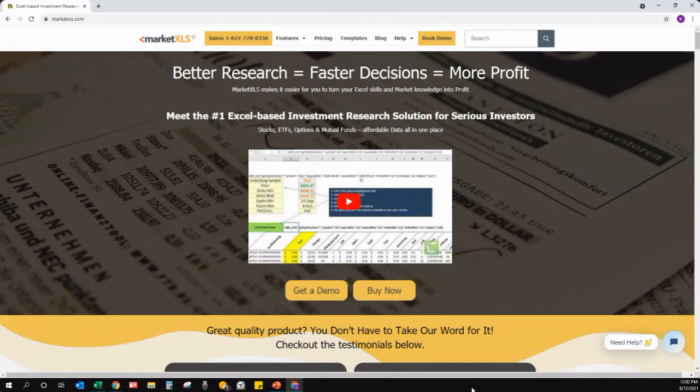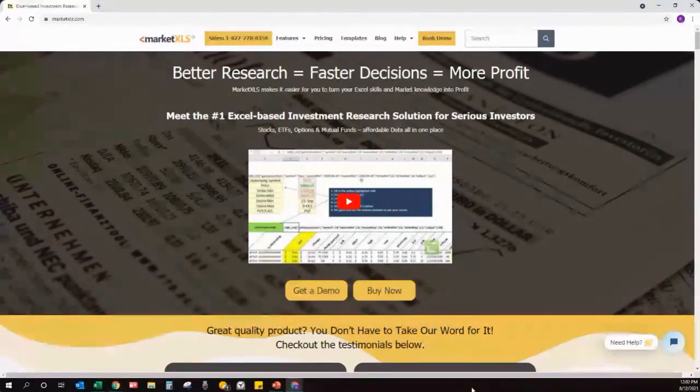This is one of our first series. Over this period of 5 years, we have worked with MarketXLS to improve the product, and over this period of time, many of you have come and asked us how other people use the product.